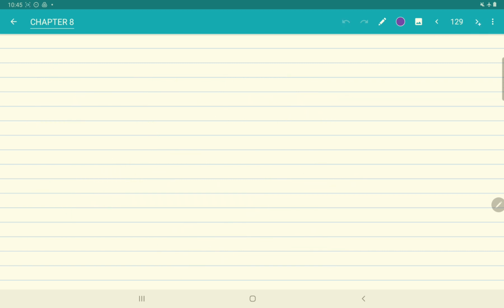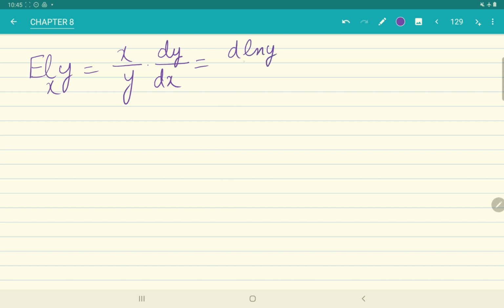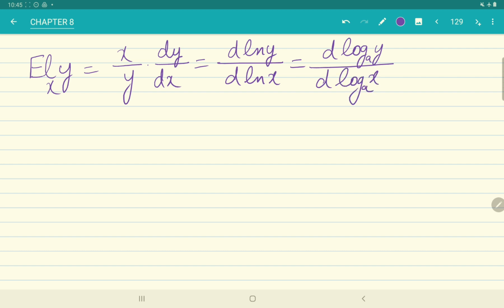So now I would like to see that elasticity of y with respect to x, which is equal to x by y dy by dx, is equal to d ln y by d ln x, and this is equal to d log y with respect to a by d log x with respect to a.